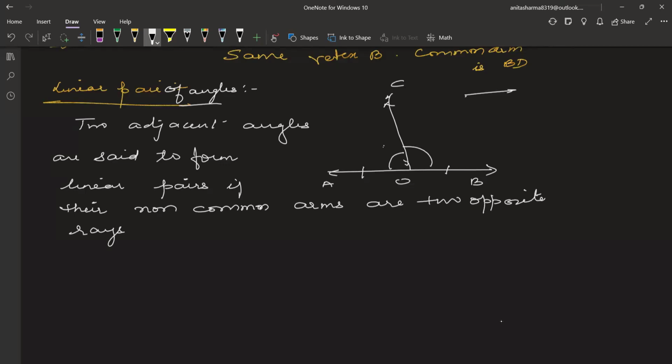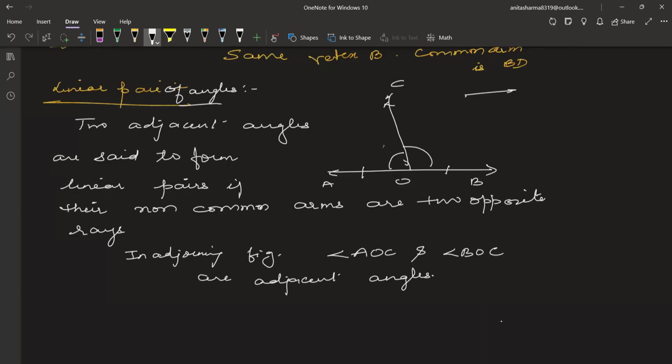So, suppose in this adjoining figure, angle AOC and angle BOC are adjacent angles, beta, because they have a common vertex.